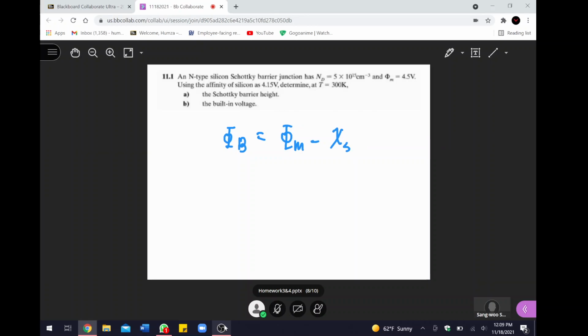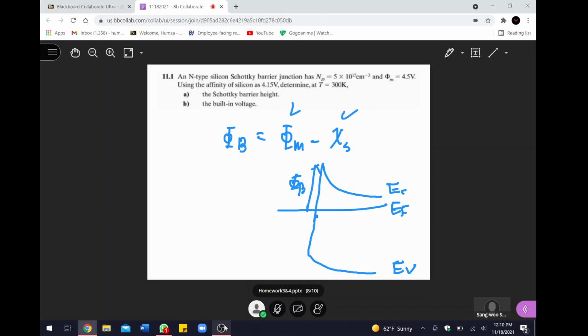In other words, you may remember that in the drawing, it's something like this: EC, EF, EV. So we are talking about this one. This is the barrier height, and we calculate it using this equation. This one is given, this one is given, so you can calculate this one.